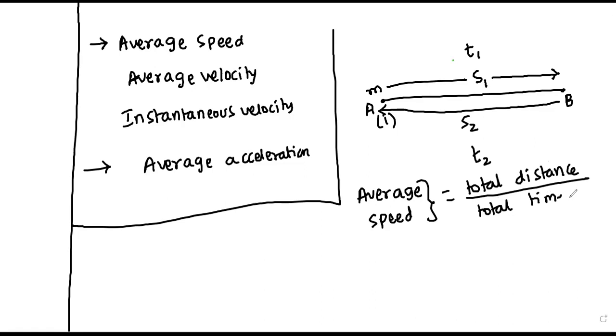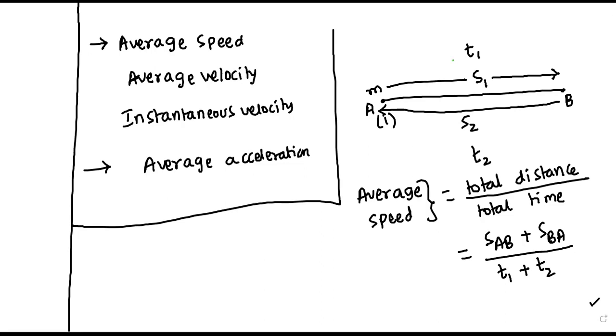Total distance means distance of AB and distance of BA, upon total time: time taken to travel from A to B, that is T1, and time taken to travel from B to A, that is T2.